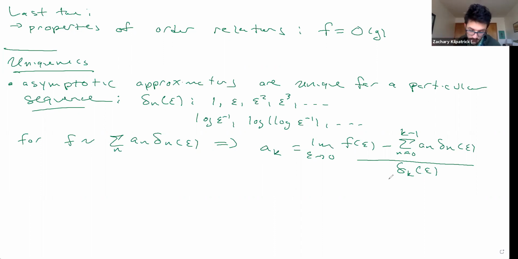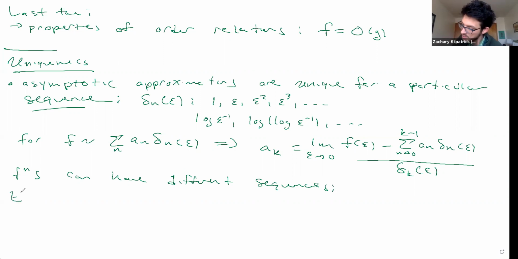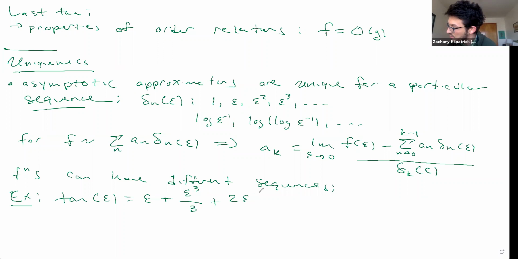So functions can have different sequences. Just to make this concrete, let's consider the following example. Tangent of epsilon: we could, of course, use the Taylor series, which would be epsilon plus epsilon cubed over 3 plus 2 epsilon to the 5th over 15, and so on.